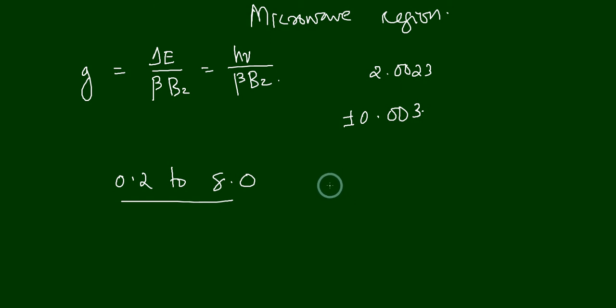That is why its movement is restricted. It is not like a free electron. So that is why it can give a wide range of values from 0.2 to 8.0. So this is possible.